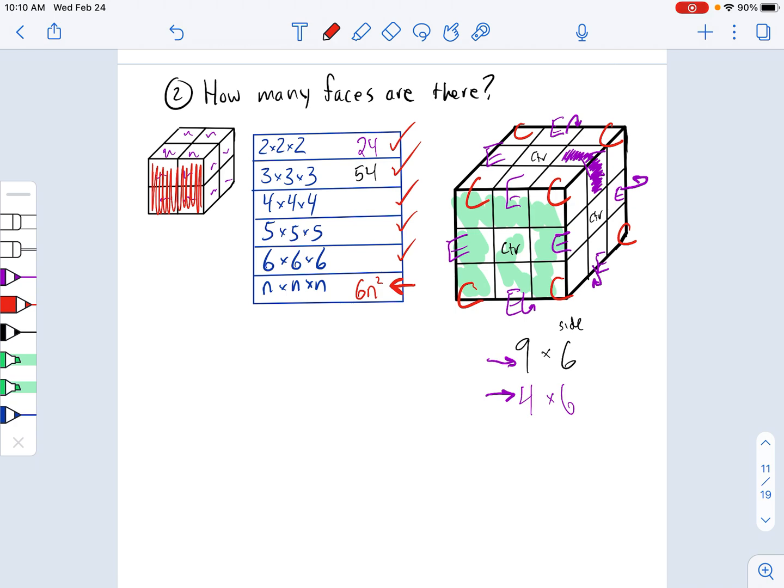And when I ask you to explain your formula and write the logic behind your formula, you should have thought, why is it 6 times n squared? What is n squared? Well, n squared is one side of a cube, and that captures all the faces on one side. And then you multiply by 6 because there's all these other faces hiding behind here. That makes sense.